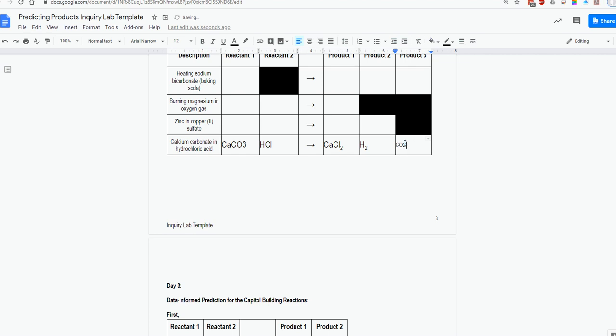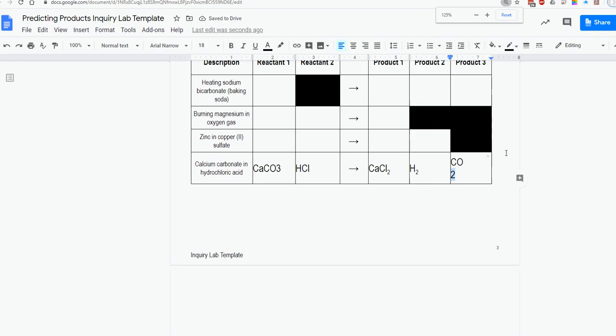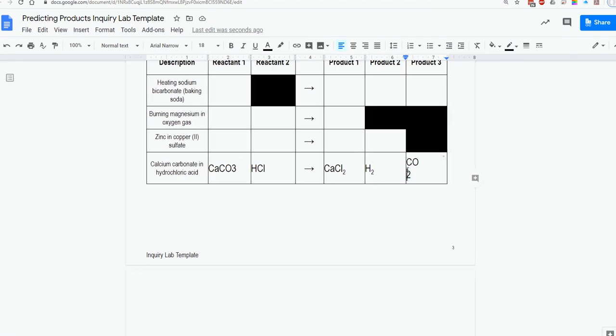Let's do water and CO2 here. Let me make that a little bigger. Water, great. Let's do CO2 like that. Let's put that in there.